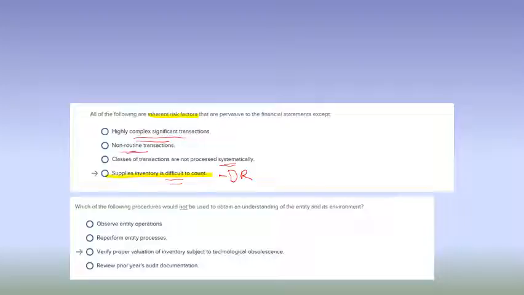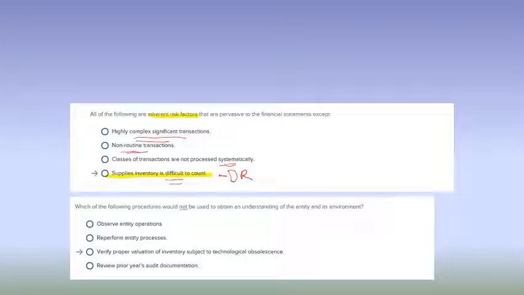Which of the following procedures would not be used to obtain an understanding? Well, we observe entity operations. We had those cameras that we were looking to see that they were using. We could perform the entity's processes.